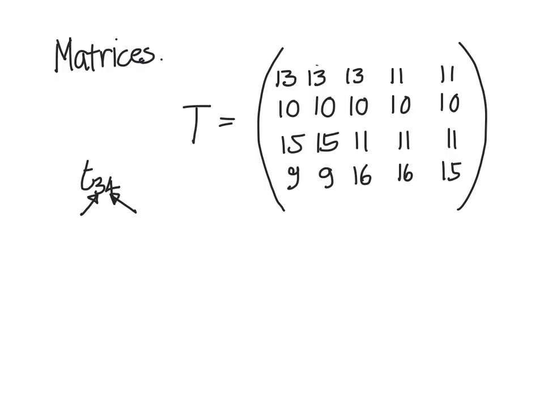So row 1, 2, 3 and column 1, 2, 3, 4. So 11. That is T3,4 equals 11.